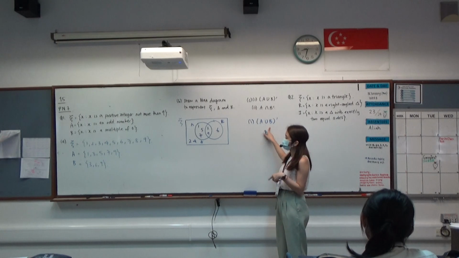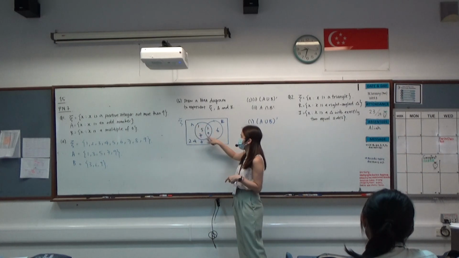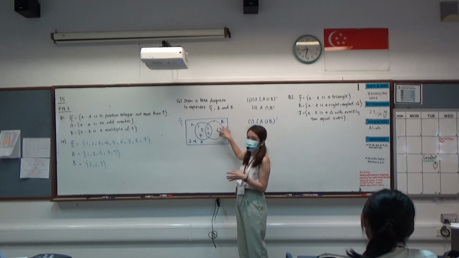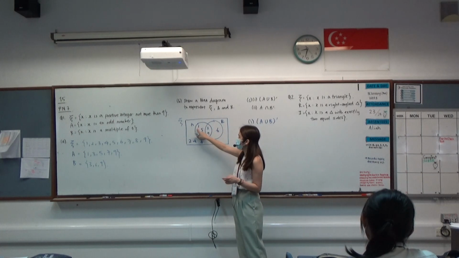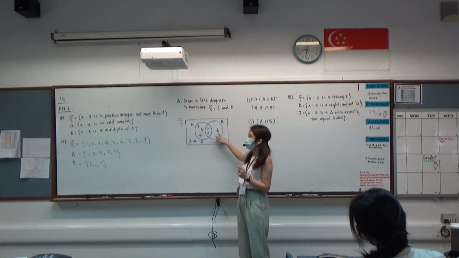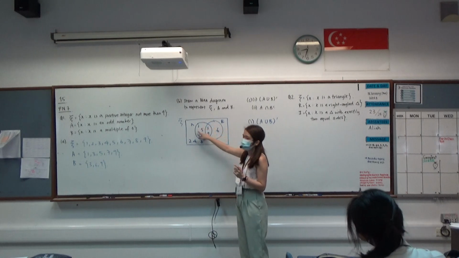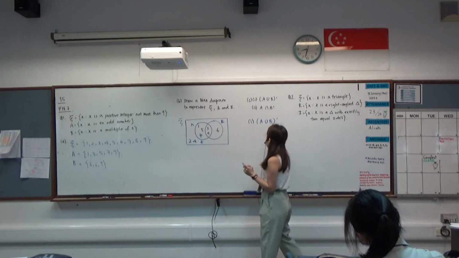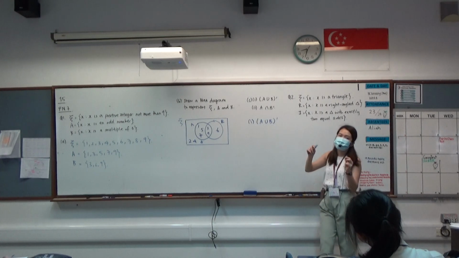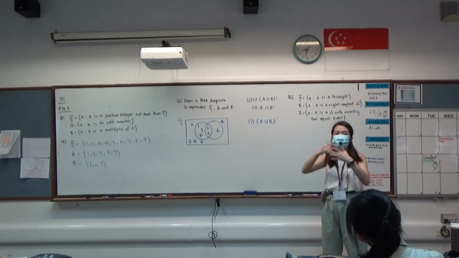So our understanding of A union B is that everything that is combining set A and set B itself, that will mean our elements 1, 5, 7, 3, 9, and 6. Agree? Okay, so our elements in A union B will be all this inside here. But then there is a complement outside. Complement is our understanding of reverse, the ones outside.